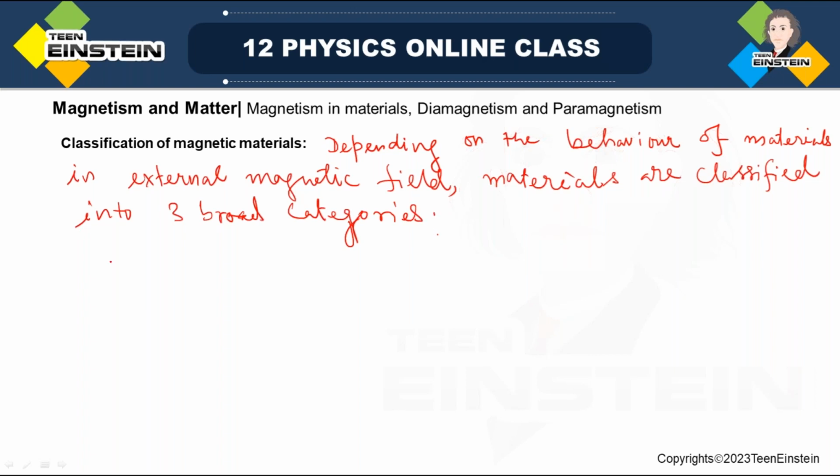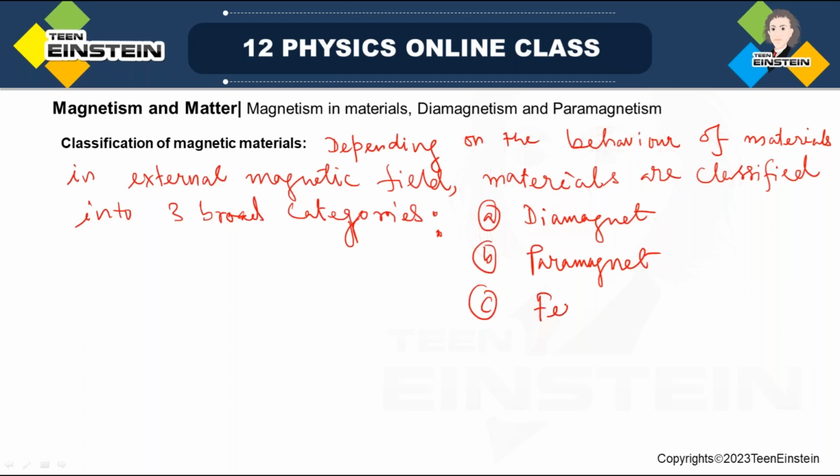What are those? Materials are classified based on the behavior of the magnetic materials in an external applied field. The materials are classified into three categories. One is diamagnet, then paramagnet, and ferromagnet.